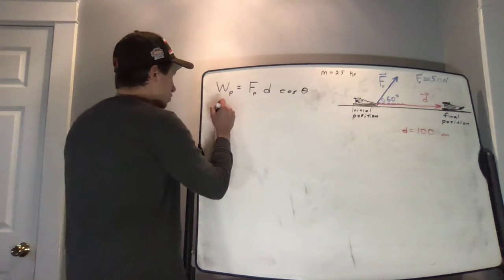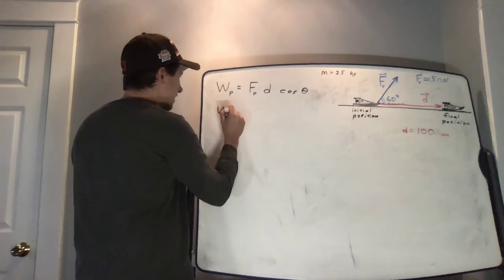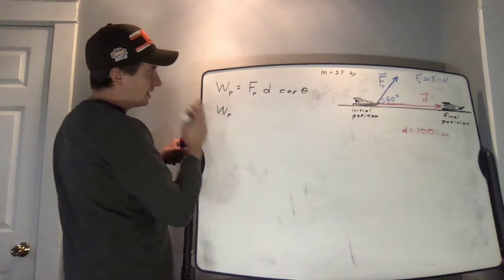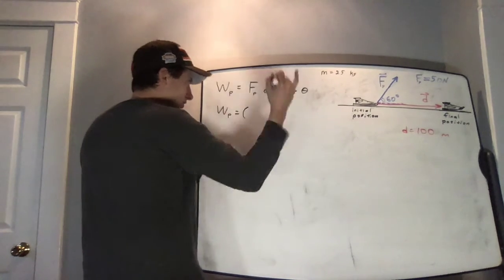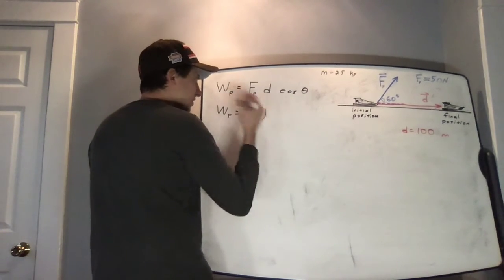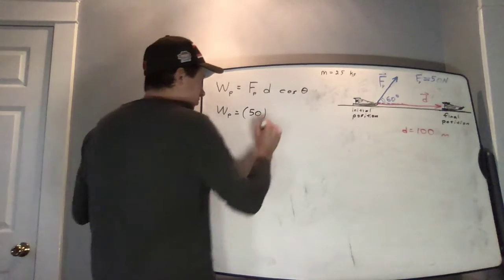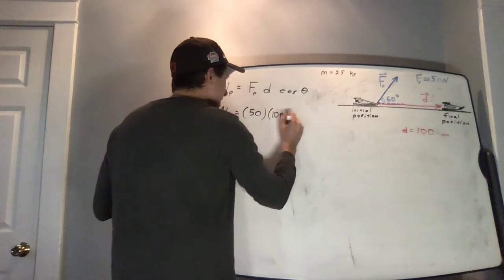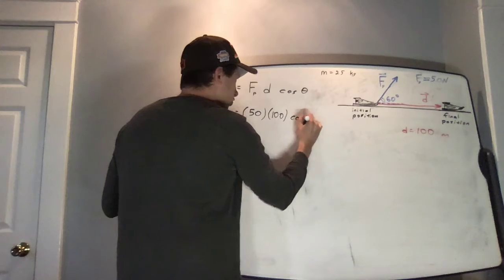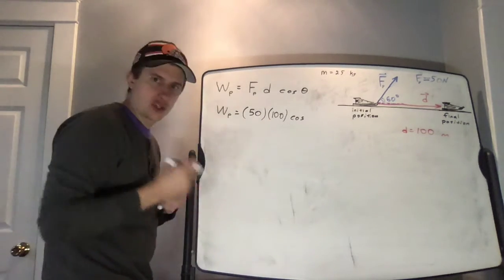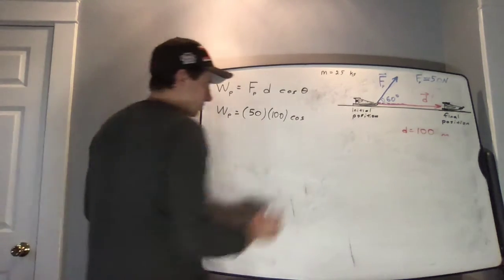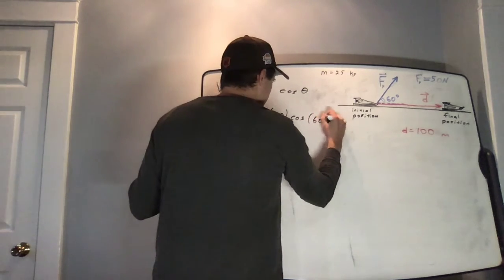So I could write the work that we do on the sled as a result of our pull is going to be, the strength of our pull is 50, the distance that the sled is pulled is 100 meters, and the angle between the direction of the force and the direction of the displacement is 60 degrees. So I get cosine of 60.